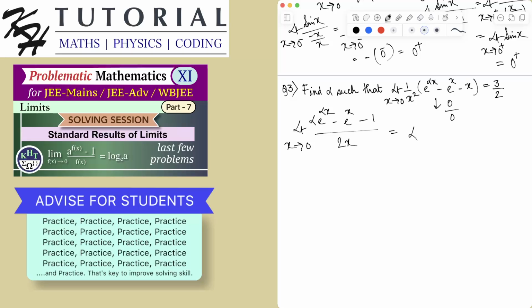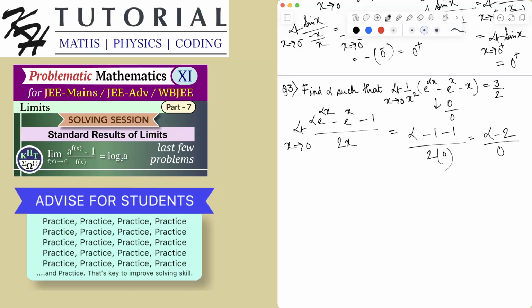Alpha e to the power alpha x will become 1. So alpha minus 1 minus 1 divided by 2 into 0. So this is alpha minus 2 divided by 0.